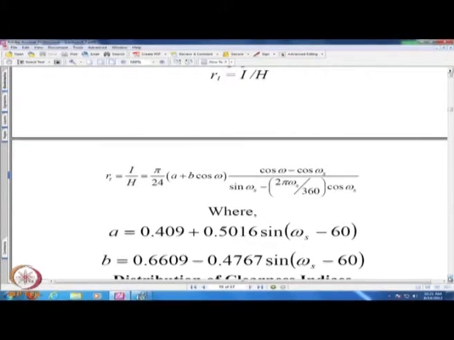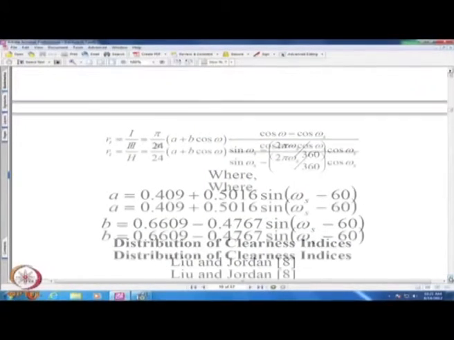But you should remember that these correlations for r t and r d work extremely well if you apply them to the monthly average day, and if applied to an individual day, the errors can be expected to be larger in general.